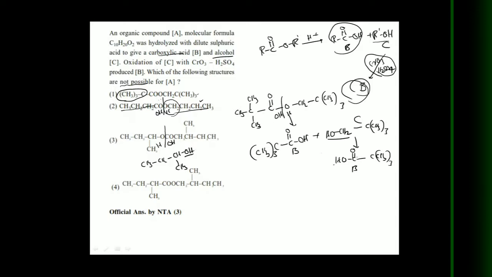Of course it is a secondary alcohol, not oxidized to the acid. But here in this case, this product is an acid. On hydrolysis it gives alcohol and acid. So in this case the alcohol is not converted to acid. So this compound on oxidation cannot be converted into product B. So the answer is 3 actually. That's it.